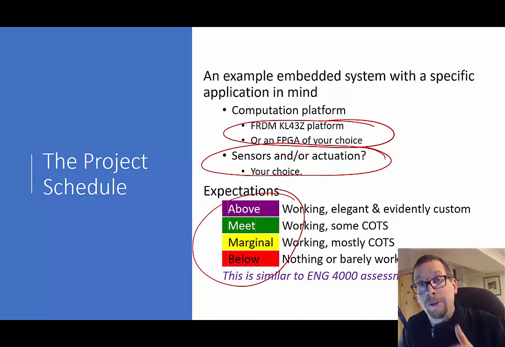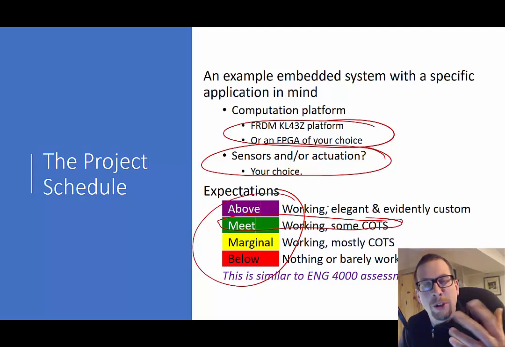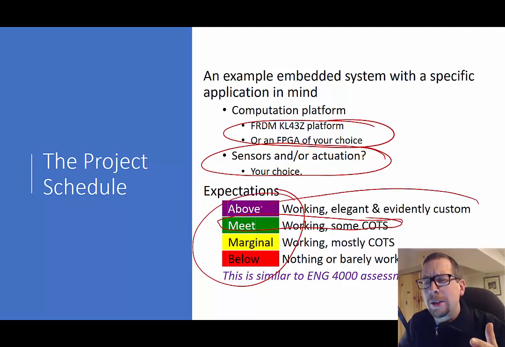And basically what we're going to be looking for is that if you are meeting my expectations, you'll have a working system that has some commercial off-the-shelf parts, but there's maybe a lot of customization going on. If you go beyond that and you do a whole lot of custom work and it's elegant and insightful and really interesting as a project, then that would be really above the typical expectations for a project like this. But if you aim for that and you get it, that's awesome.